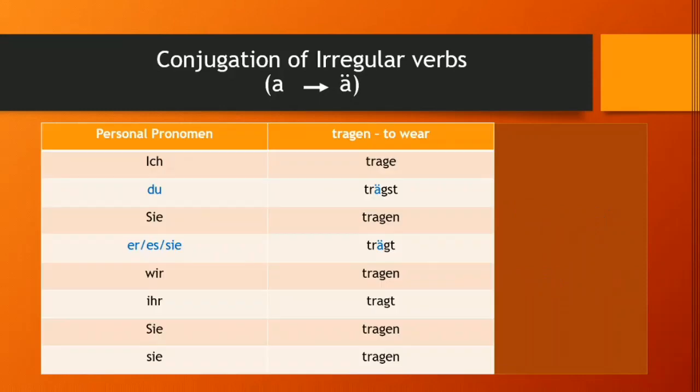So another irregular verb where A is changed to A umlaut, right? Ich trage. Tragen is to wear. Ich trage, du trägst, er/sie/es trägt, wir tragen, ihr tragt, sie tragen, Sie tragen.